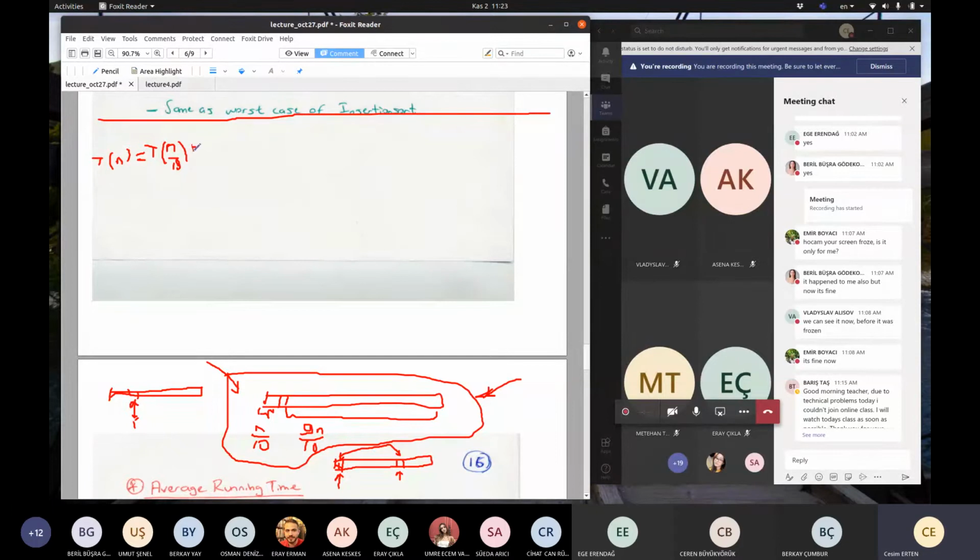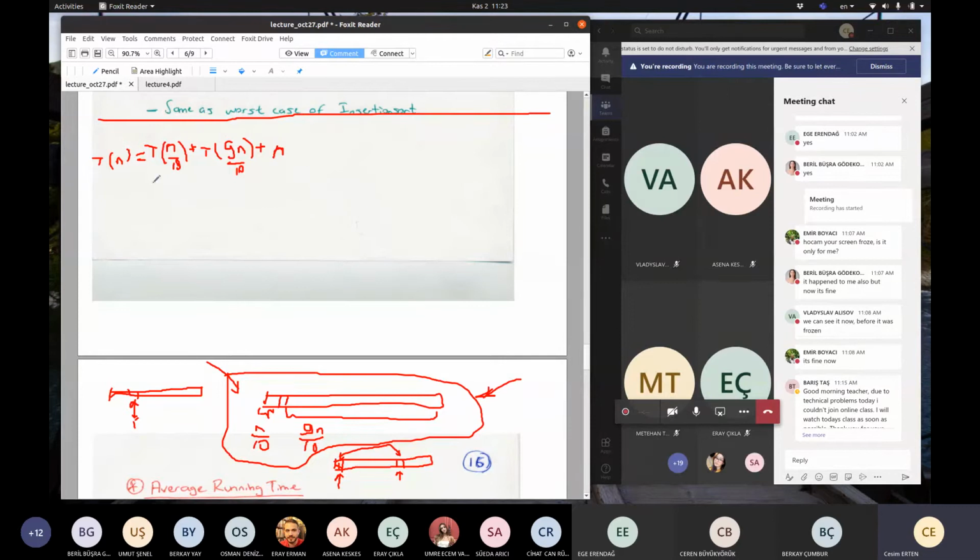The second recursive call to the quicksort algorithm will work on an input of size 9n divided by 10, which means that the time spent for the second recursive call will be T of 9n divided by 10, plus the running time that we spent to do the partition, n.